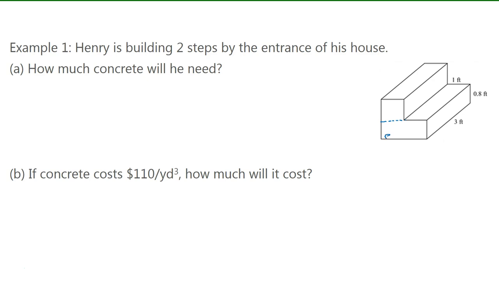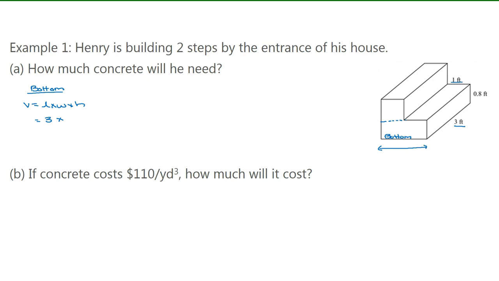So let's start by finding the volume of the rectangular prism on the bottom. Now, the formula of a rectangular prism is length times width times height. We'll see that the length is 3 feet. Now, the width here we need to determine.